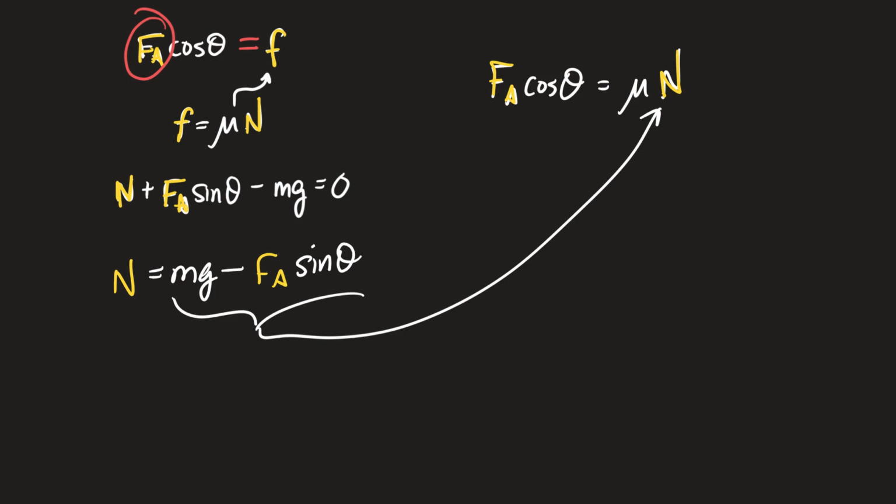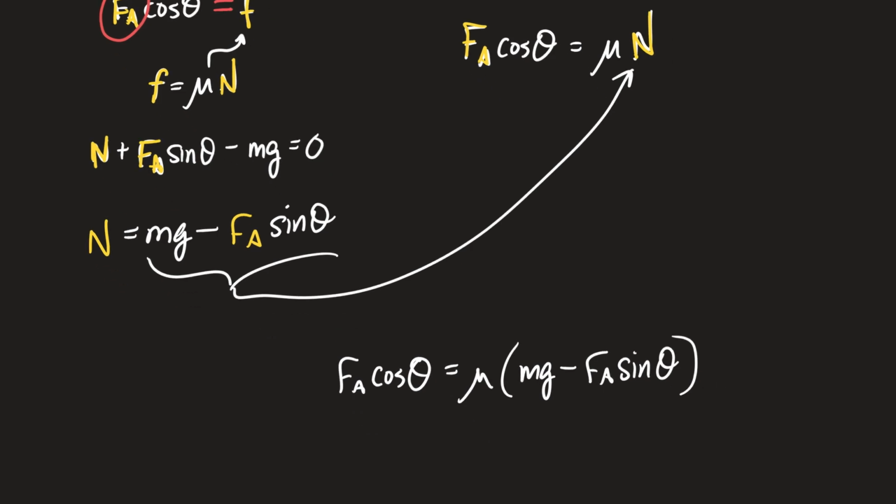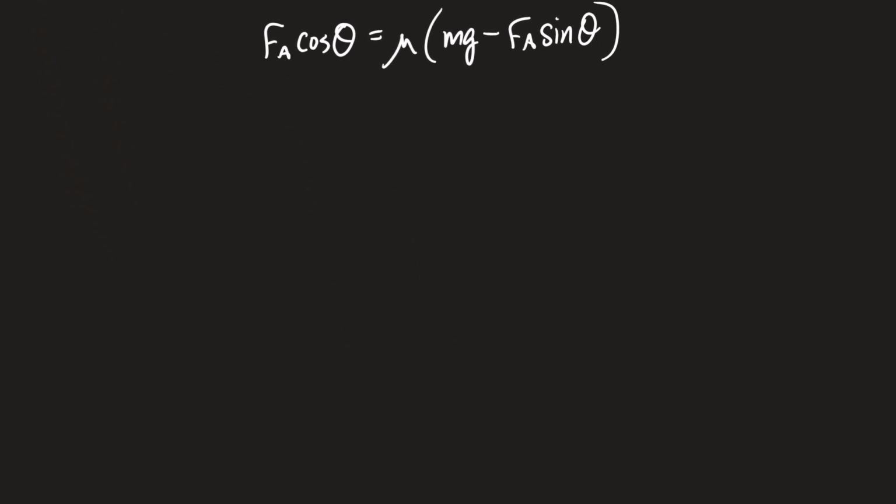Even still, when I put those two things together, I get FA cosine theta equals mu times mg minus FA sine theta. I am afraid there are people in the room who don't know what to do here, who can't get this to provide them with an answer.